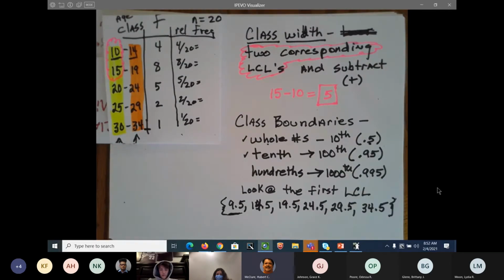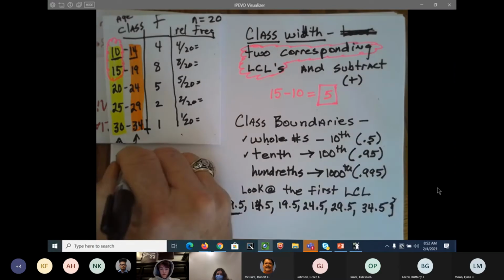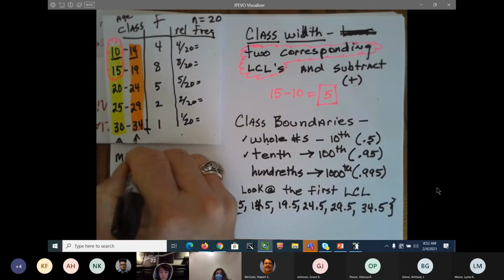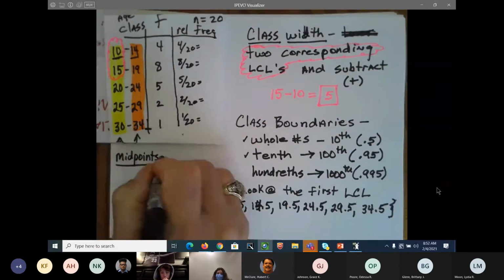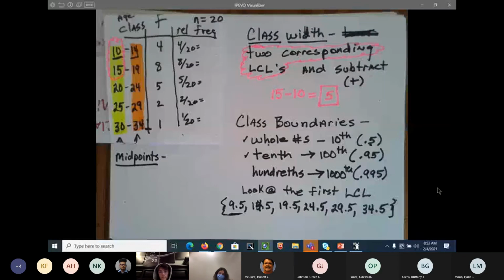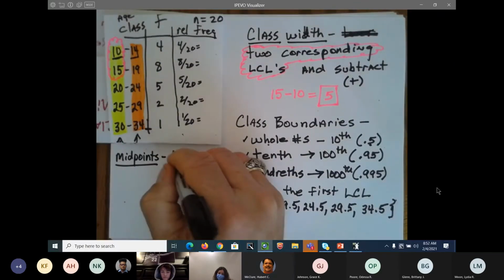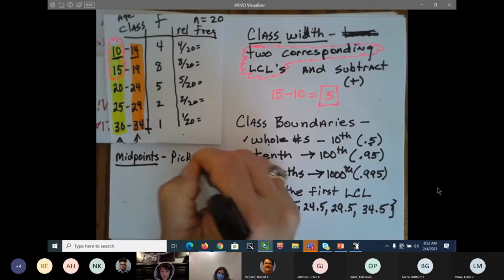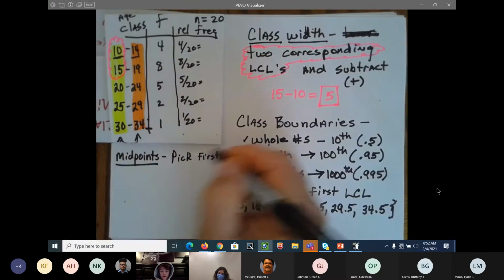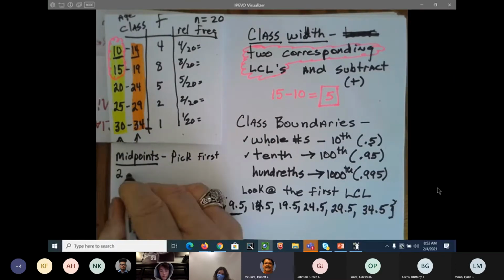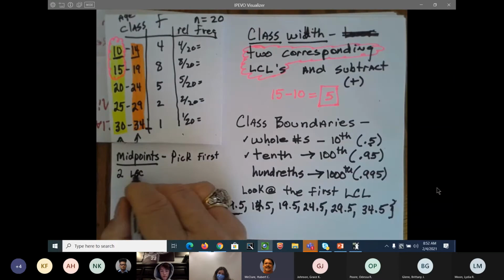Okay, and the last thing is called midpoints. I picked the first two, lower class limit and upper class limit.